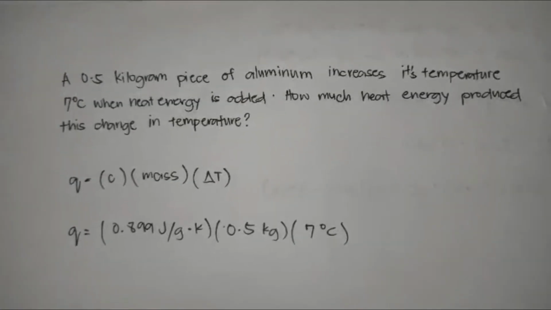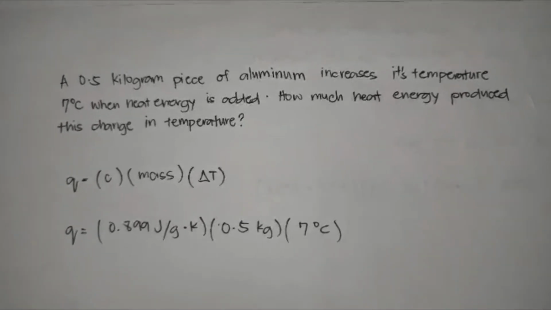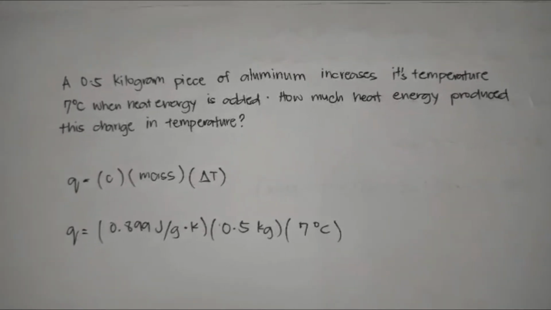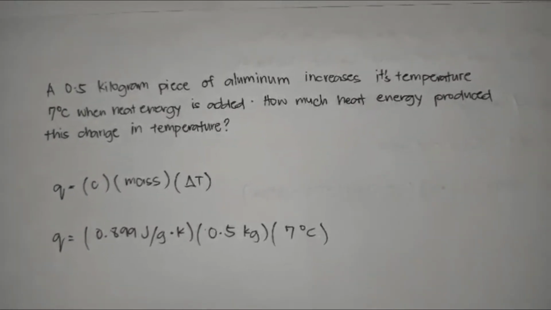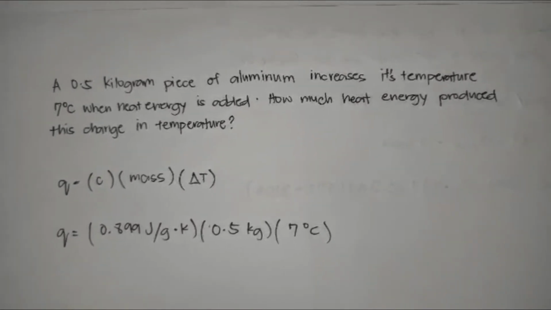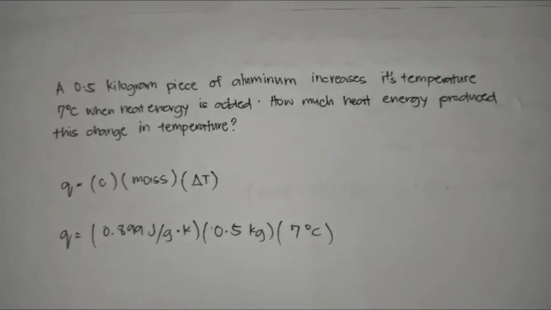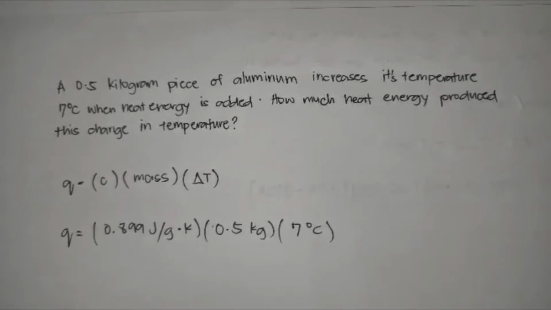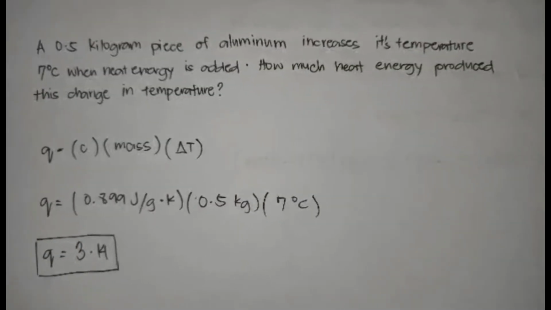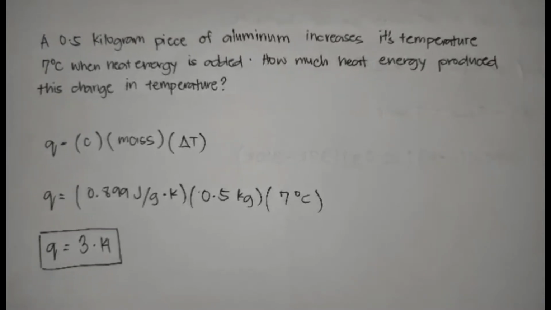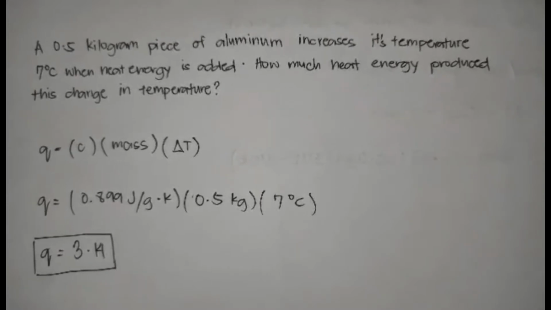First we substitute the C, which is 0.899 joules per gram Kelvin. Next we substitute our mass, which is 0.5 kilogram. And last we substitute our change in temperature, which is 7 degrees Celsius. After we multiply, we get the answer 3.14.